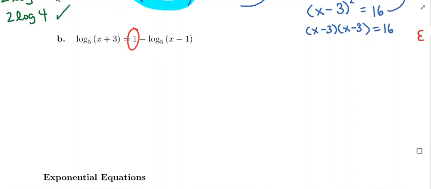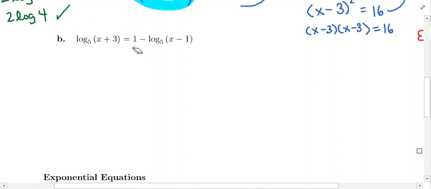So what I'm going to do is start by putting all the logarithms on one side. I'm going to take this logarithm on the right here. It's negative, so I'm going to add it to both sides.